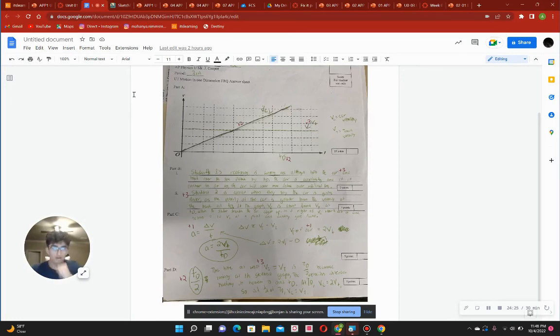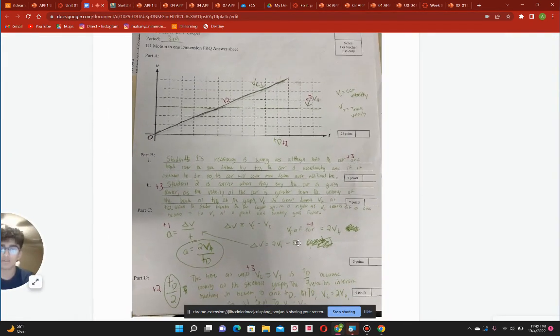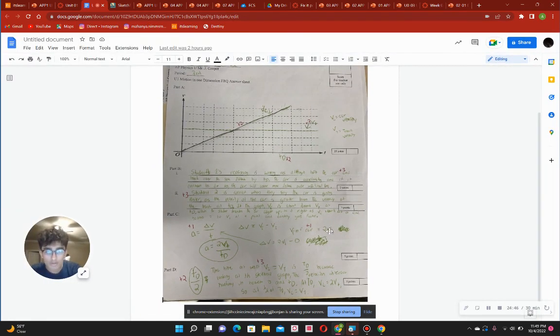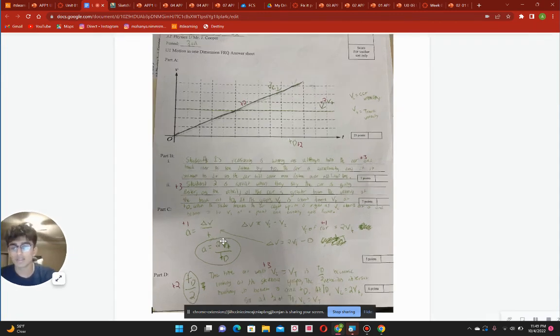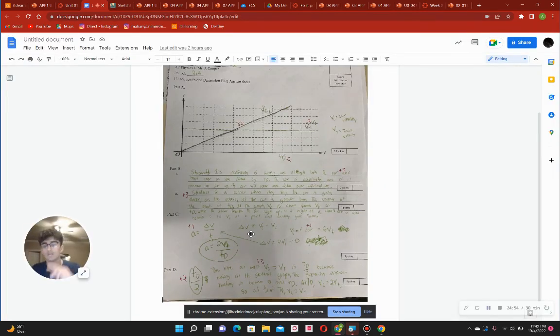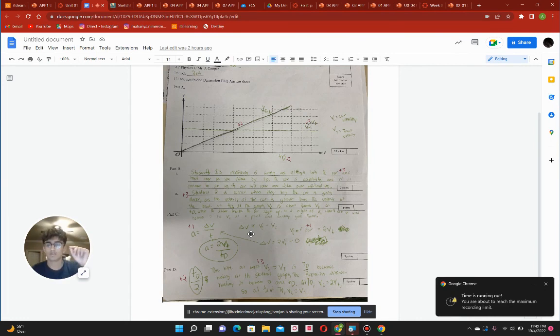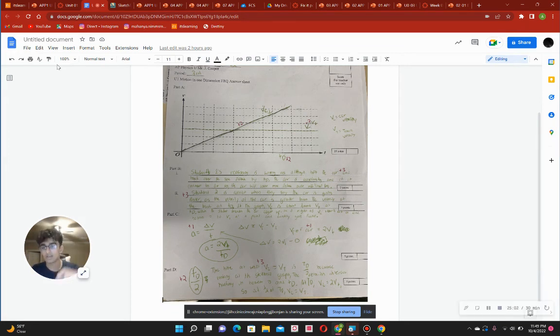Part C, I got 2 out of 3 points awarded. I got 1 for using some equation having to do with kinematics. And then I also identified that the velocity of the car was 2 times the velocity of the truck. But I didn't get my answer completely right. I forgot the squared, so it would be 2v squared t all over 2d, not td.